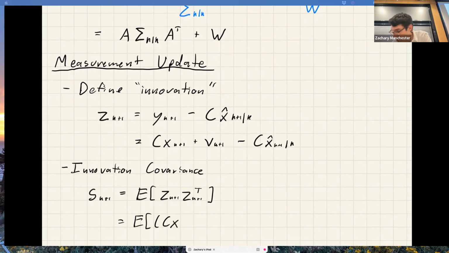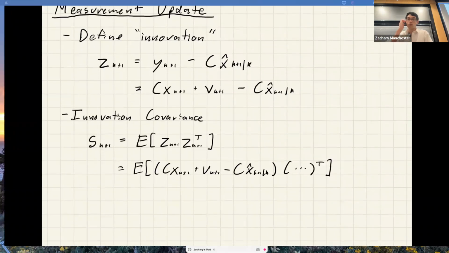So this is C X K plus 1 plus V K plus 1 minus C times X hat K plus 1 given K. Same stuff repeated. If I do this again, we're going to play the uncorrelated game again and cancel a bunch of stuff out.